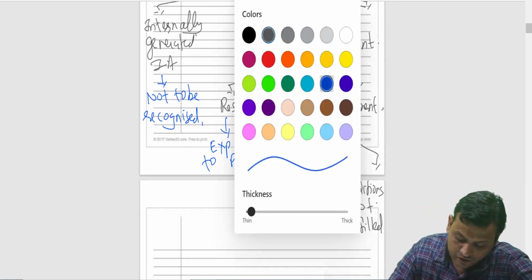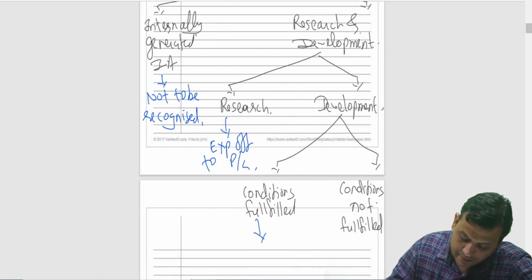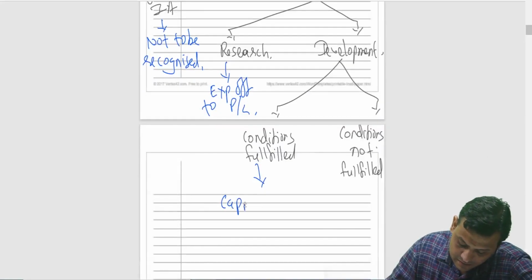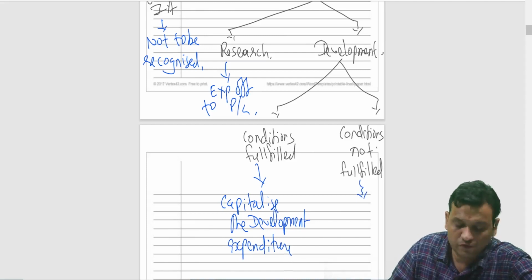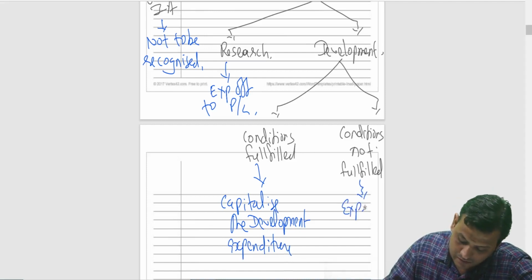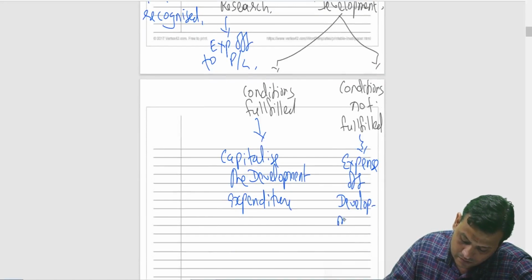If conditions are fulfilled, then capitalize the expenditure. If conditions are not fulfilled, then expense off the development expenditure.